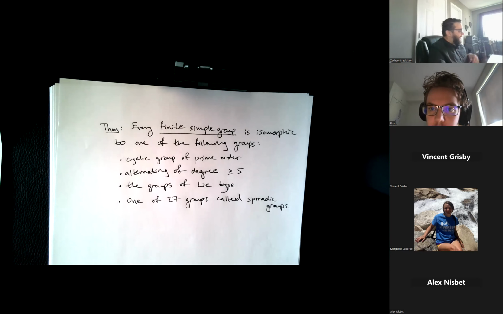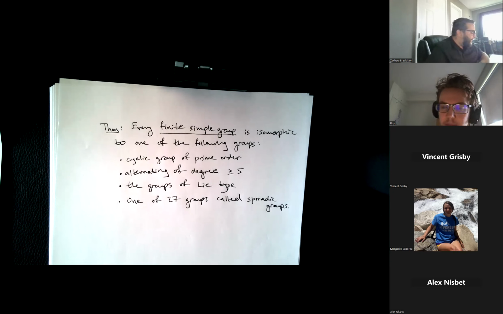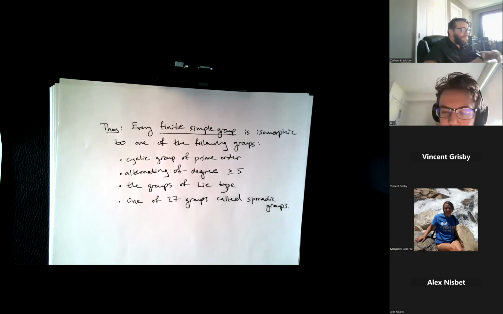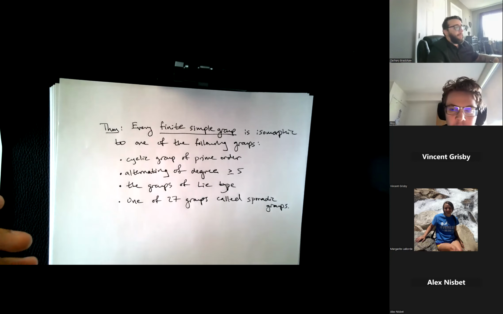Okay, so the representation theory of finite groups, what we're here to discuss, right? What is it? Well, it's both an attempt by algebraists to extract information from a group in order to study the group itself.